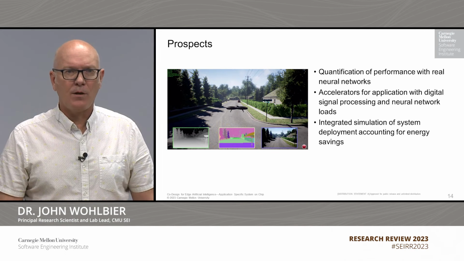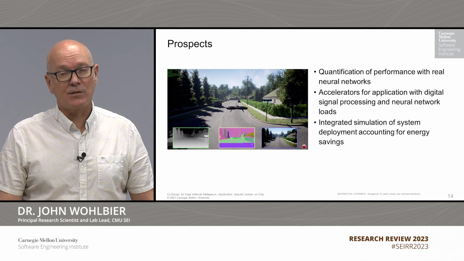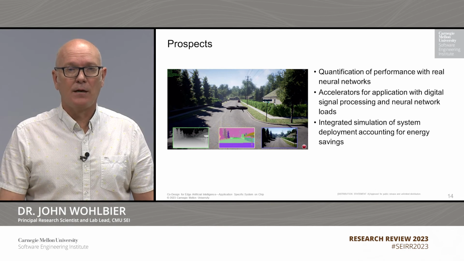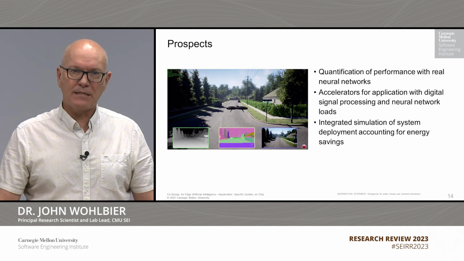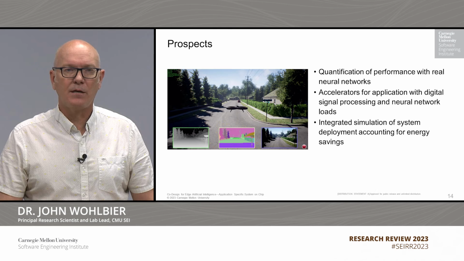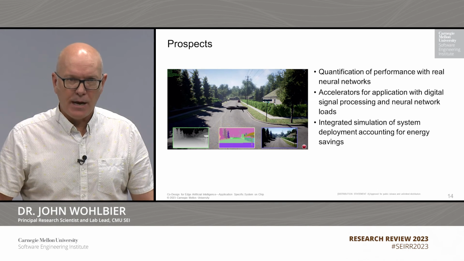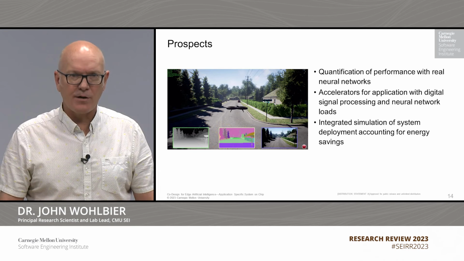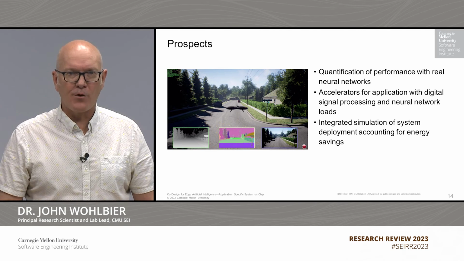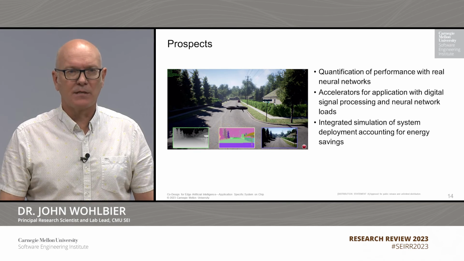For example, ResNets appear in our application. The application is a digital signal processing application that would fly on a drone, and so the next steps are to take the real neural networks that appear in the application and push them through this so-called design flow to get the accelerator for the neural net as it appears in the application, and then ultimately the system on chip.